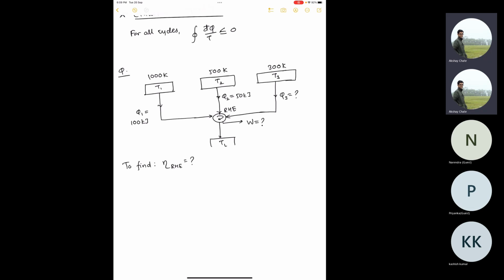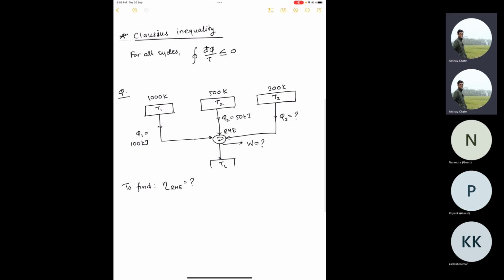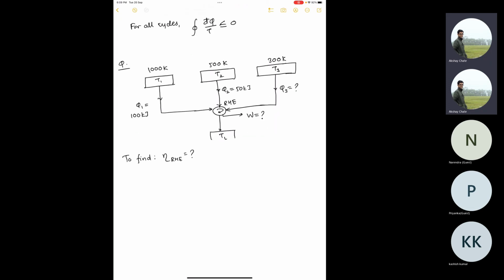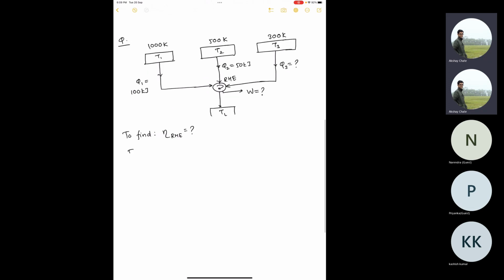So here you can use Clausius inequality since it is mentioned that it's a reversible cycle. So you can write from Clausius inequality, cyclic integral of del q by T equal to 0.